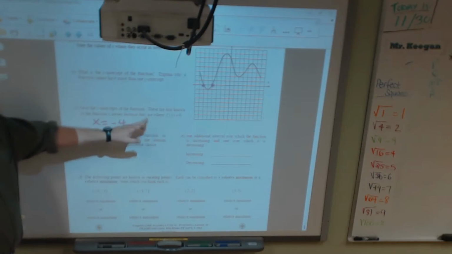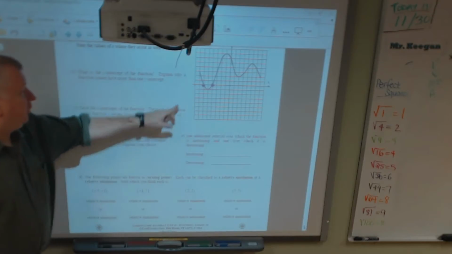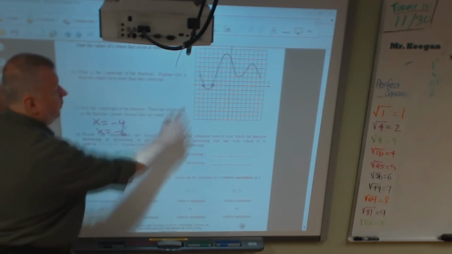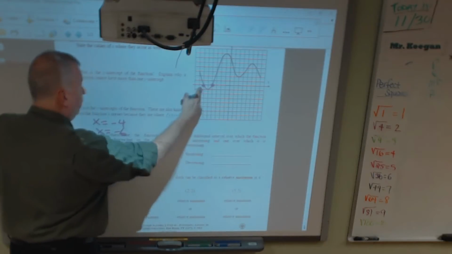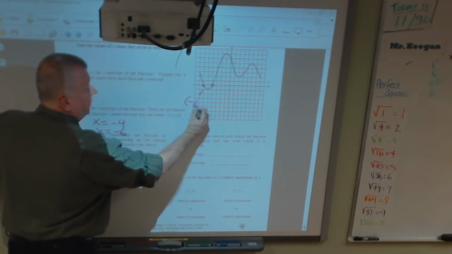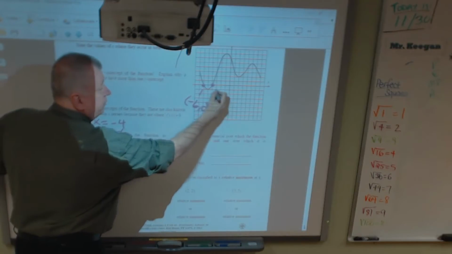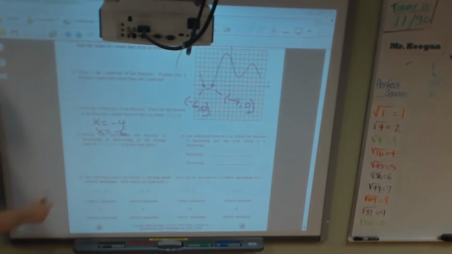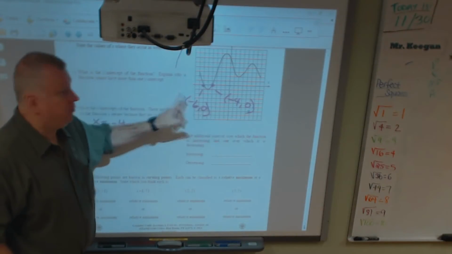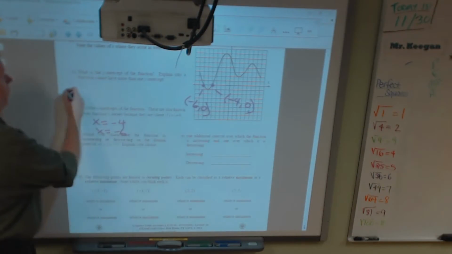These are also known as the function zeros, because at each place there, the y value is 0, right? So the xy coordinates of that first point would be negative 6, 0, and for this point it would be negative 4, 0. So if they ask you what are the zeros of this function, they're looking for the x-intercepts, okay?